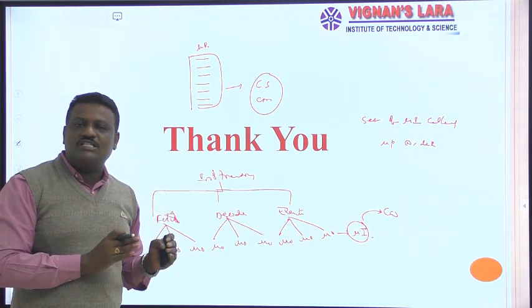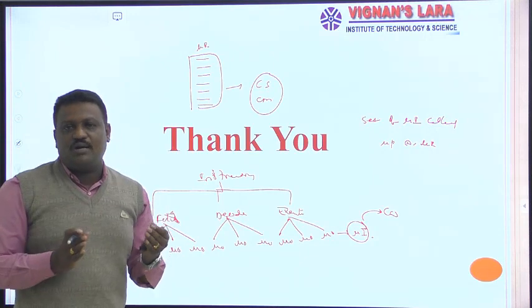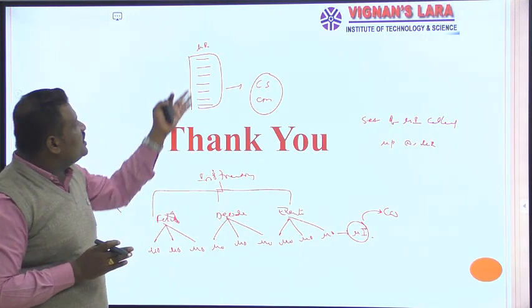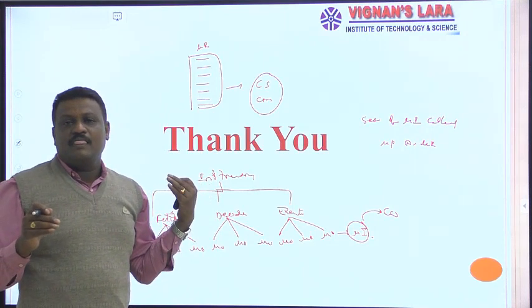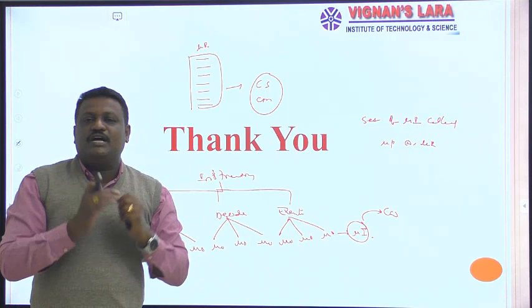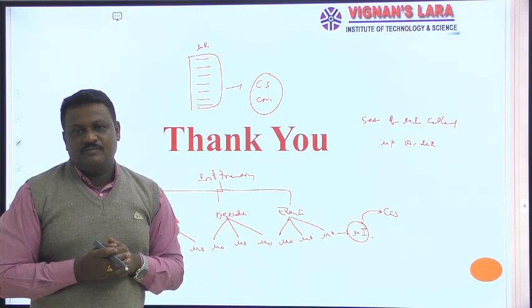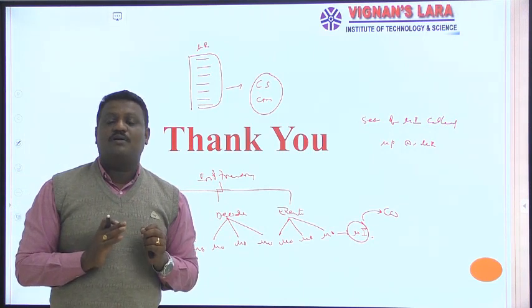By accessing the instructions of a micro routine in a sequential fashion, I get the control signals which are needed to execute that instruction. So this is the concept of the microprogrammed control unit.